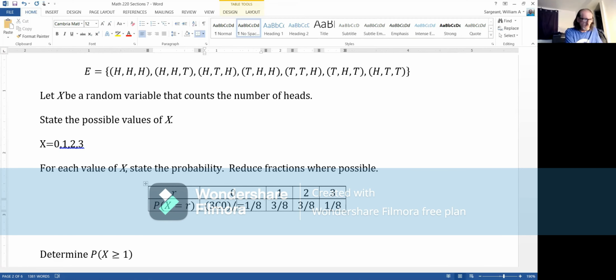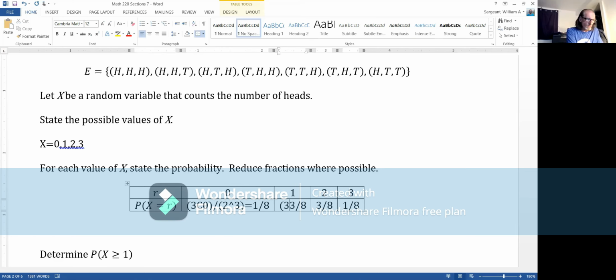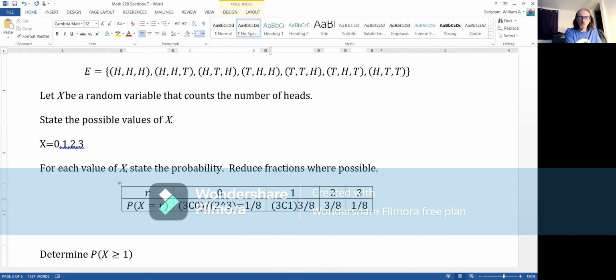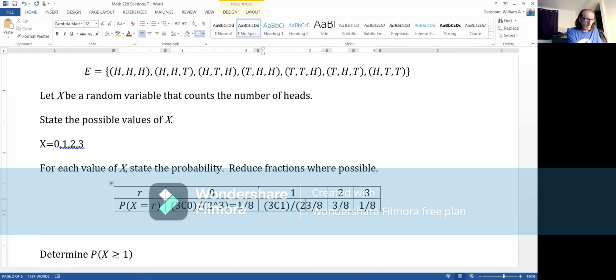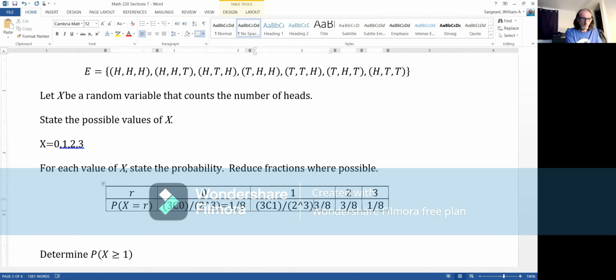And 3 choose 3 gives you 1. So this is one of the rare instances where we calculate what's in the numerator differently from what we calculate in the denominator for size of event over size of sample space.